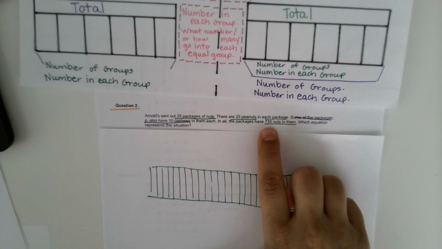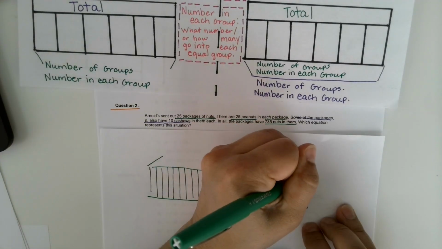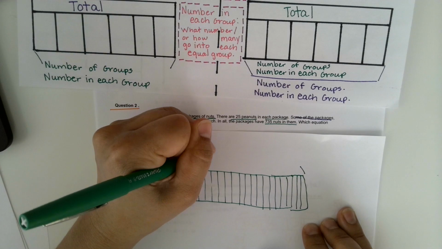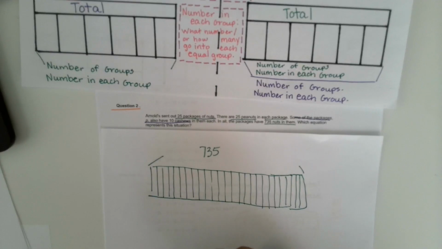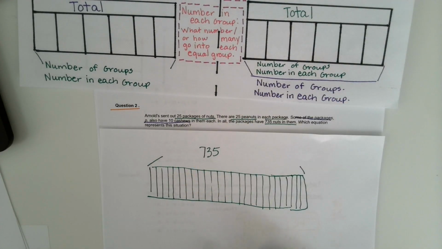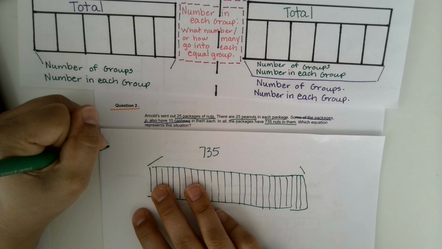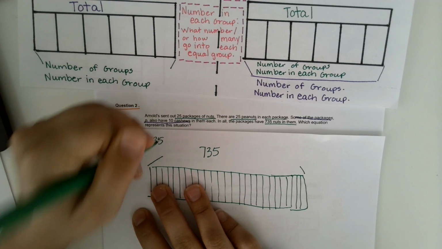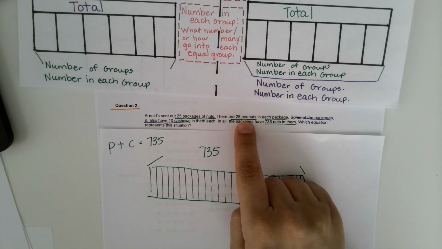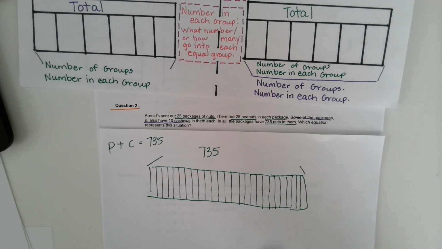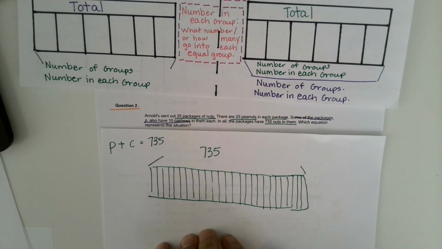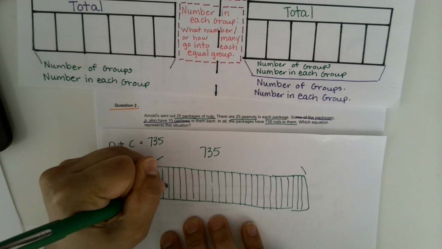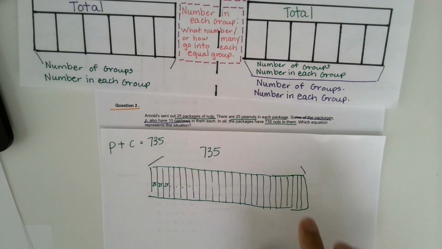I know in total I have 735 nuts. Now remember, we're dealing with 2 types of nuts here. We're dealing with peanuts and cashews. So over here I might write something to myself: peanuts plus cashews equals 735. Now, there are 25 peanuts in each package. So the number in each group is going to be 25. So you can go ahead and write 25 in every single one, or just in a few, and just show that it continues.